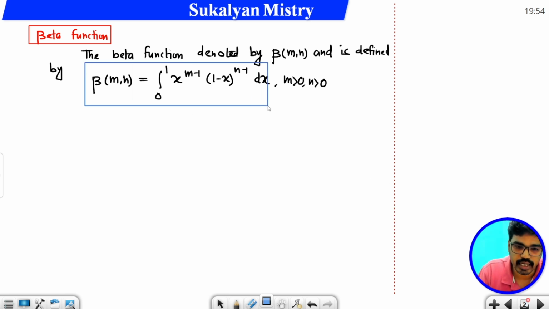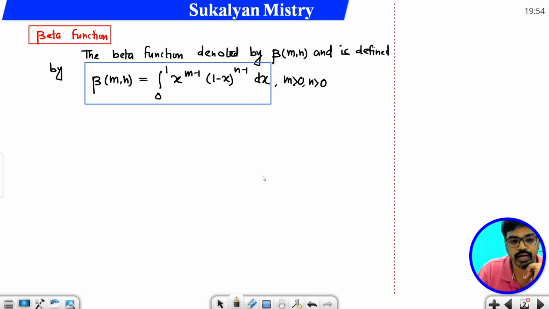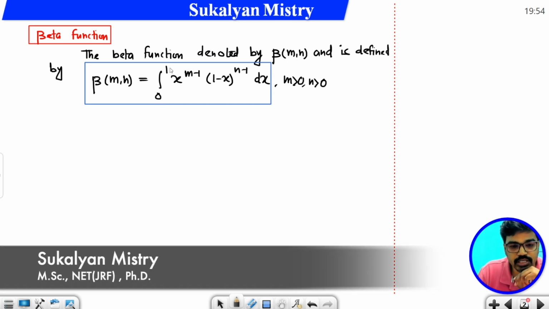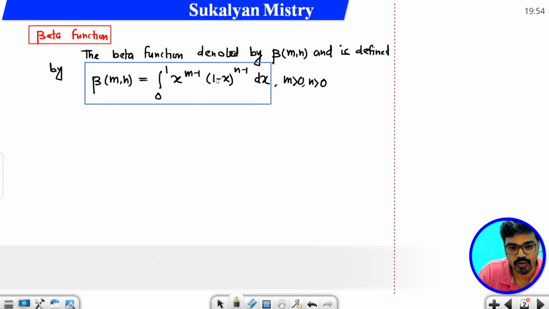The beta function is denoted by the symbol beta mn and is defined by beta mn is equal to integration 0 to 1 x to the power m minus 1 into 1 minus x to the power n minus 1 dx.